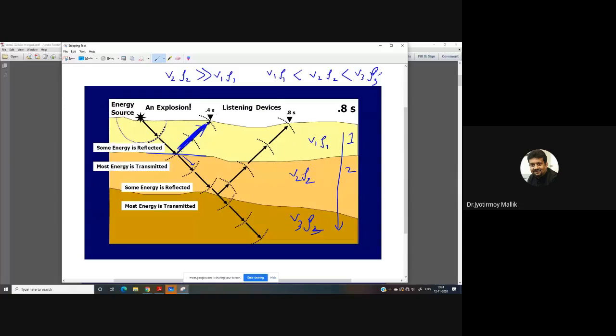As a result, the device D1 will observe a stronger amplitude. But if that had not been the case, if the contrast had not been that strong, then I would perhaps have observed a smaller amplitude in my wiggle.